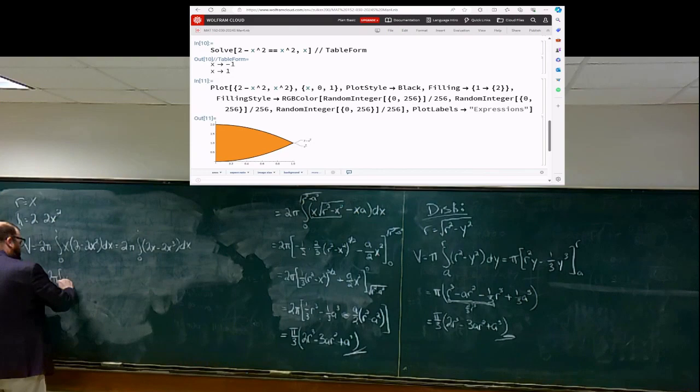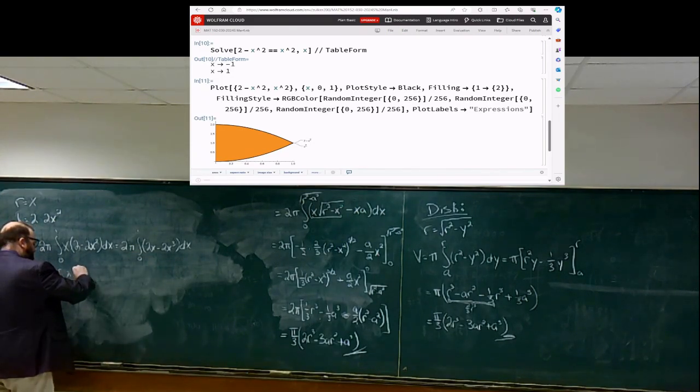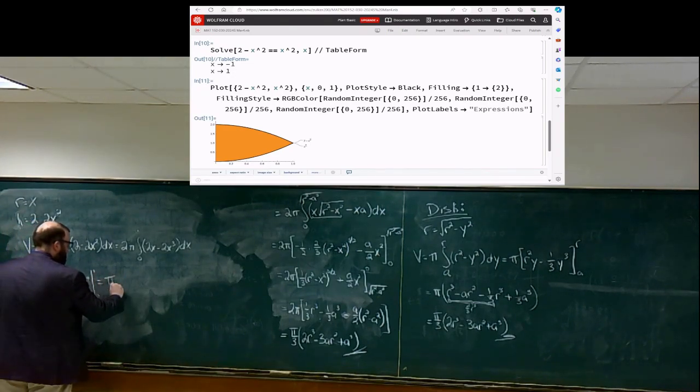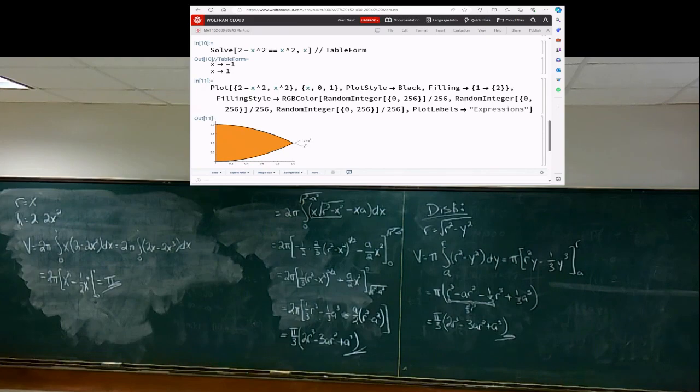Antiderivative of 2x is x squared. Antiderivative of 2x cubed is 1/2 x to the 4th. That goes from 0 to 1. This is really simple. That's just 1 minus a half, which is a half. Times 2 pi. It's pi. Volume is pi.